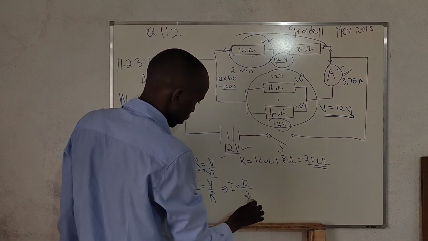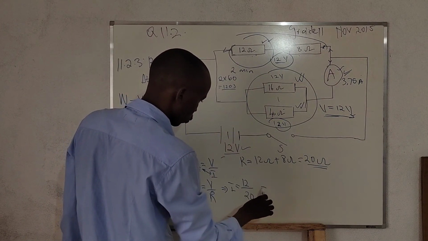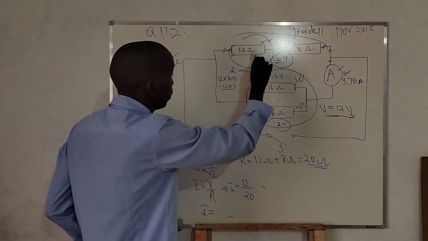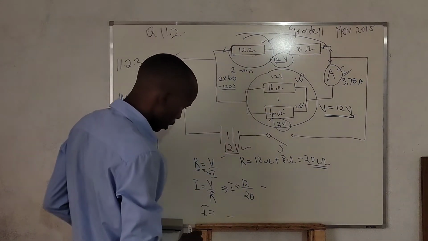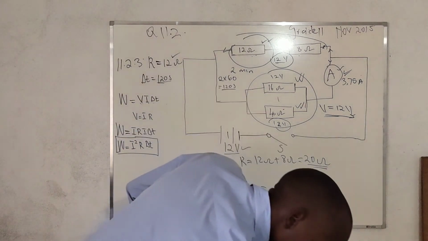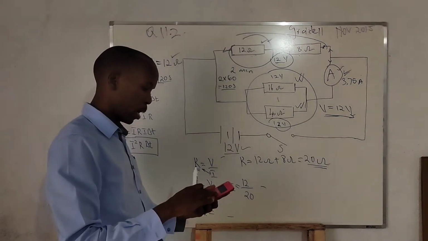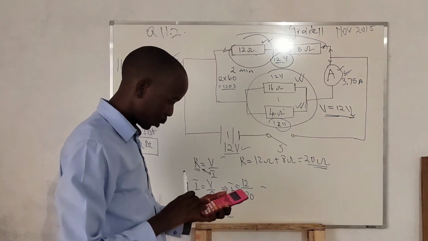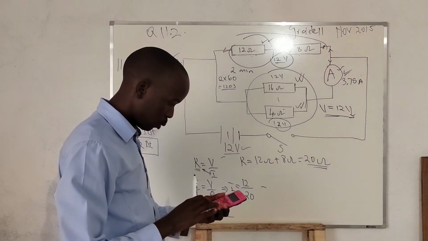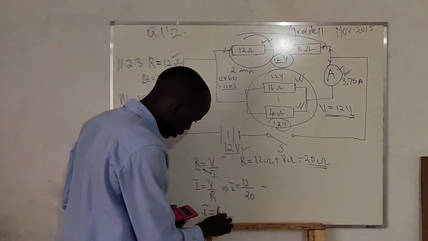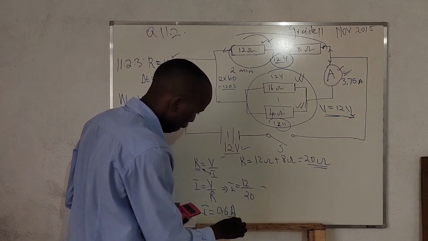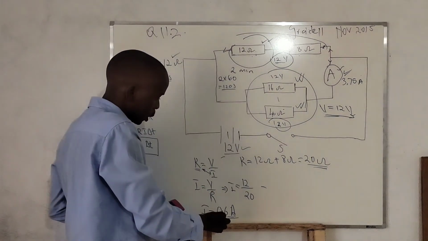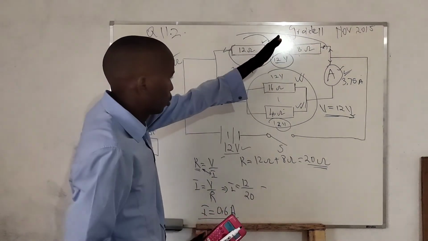I'm going to divide 12 by 20. Let us see what we get. We get 0.6 amperes. So the current through this section is equal to 0.6 amperes.